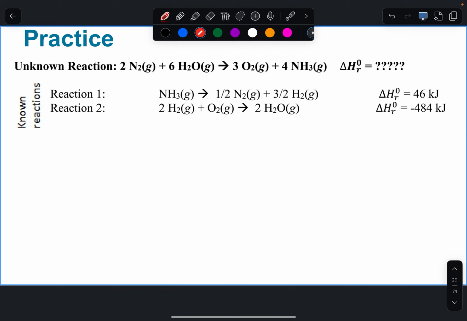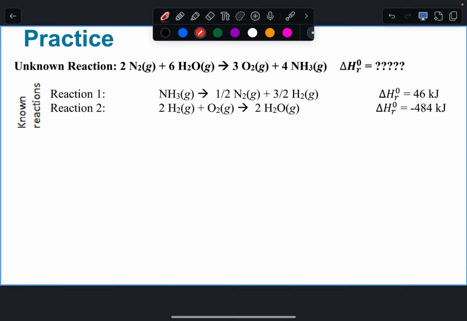Okay, so the way I want you to approach these is look at your unknown reaction. You know the reaction, you just don't know the enthalpy. So look at the reaction that you don't know the enthalpy for and start with the first compound in the list. So 2N2. So I need to somehow manipulate those two reactions that I say are known.